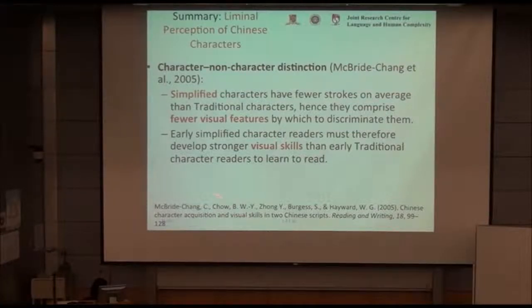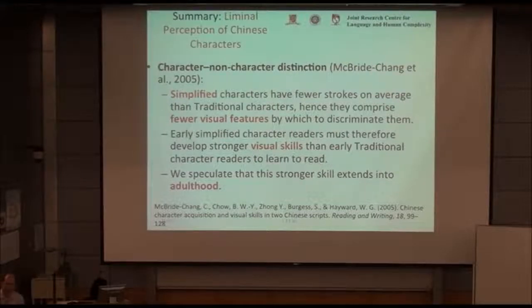For details, you can look at this paper. And because we just tested adult subjects, the university students, we speculate that this strong skill extends into adulthood for the simplified Chinese character readers.